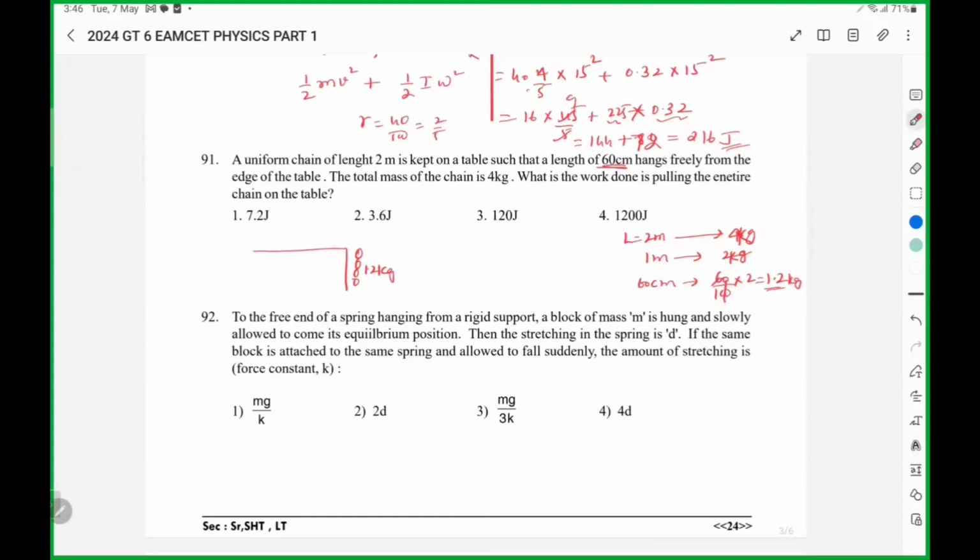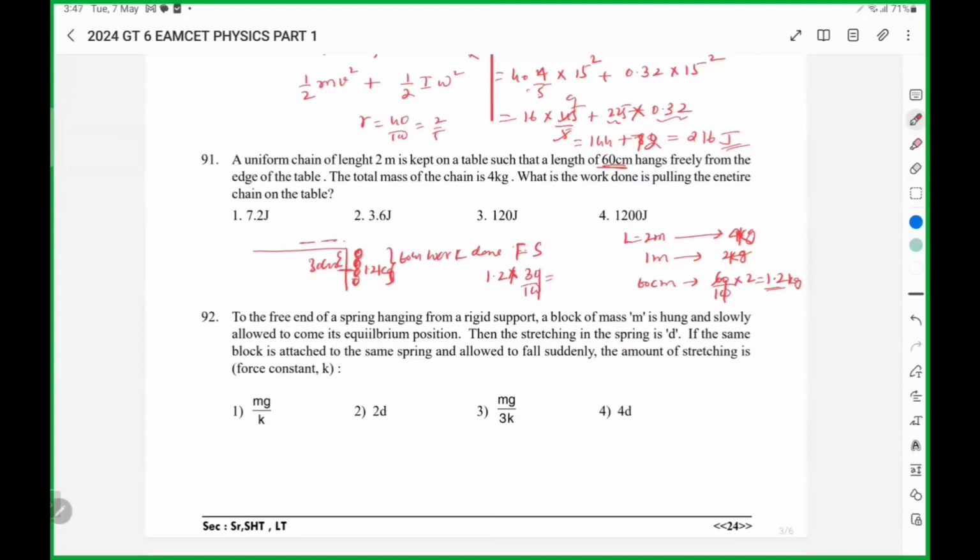To move this chain to the top of the table, the work done will be force into distance. Here F is 1.2 kg weight. The total mass is not concentrated at one place. The hanging part is 60 centimeters, so we take the distance of the center of mass, that is 30 centimeters, 30 by 100.